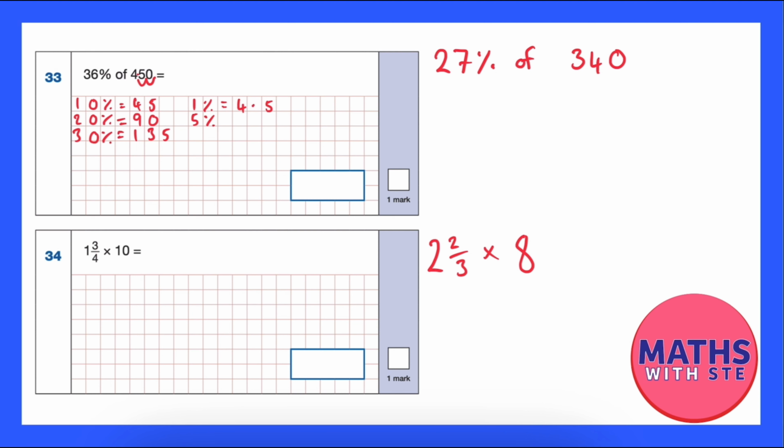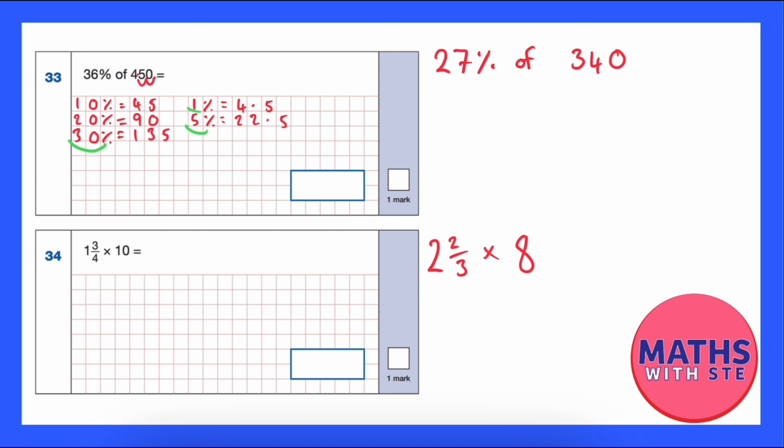And 5%, well, 5% is half of 45, isn't it? And half of 45 is, what is that? That's going to be 22.5. So that's going to equal 22.5. Now, I'm just going to change colour to show you this. I've got 30, I've got 5, and I've got 1. If I add all those up together, I've got 36%.